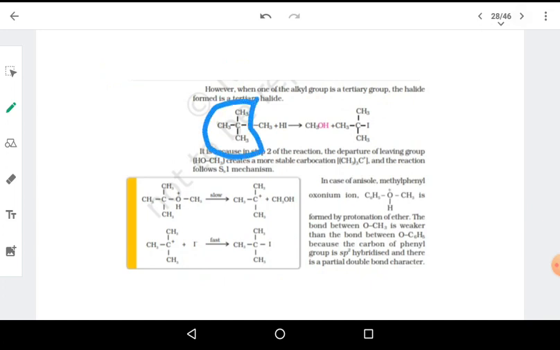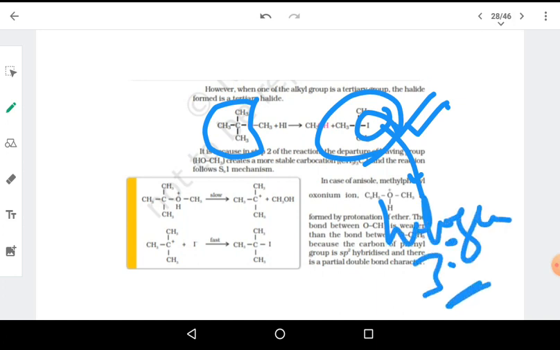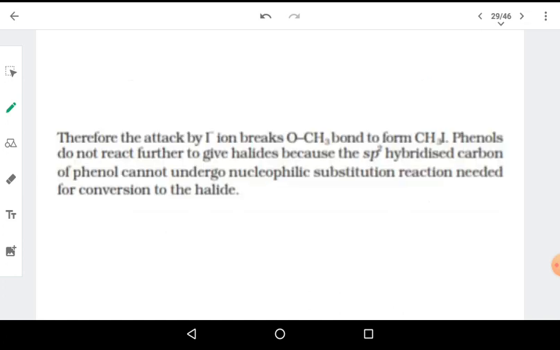This is the most important part. If they give one group as tertiary, then we have to add the halogen atom to the tertiary side. That is the most important point. We have to add the halogen atom to the tertiary side.